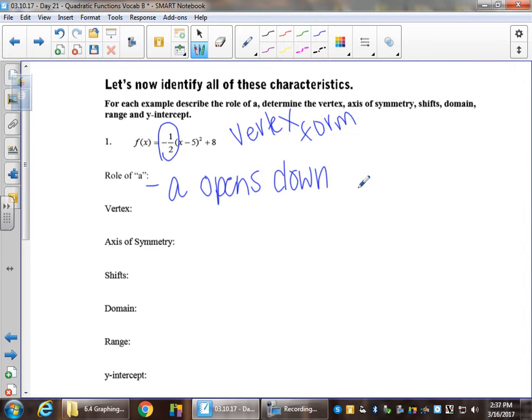So now we look at A without looking at the sign of A. If we have a negative 1/2 without looking at the sign, then A would be 1/2. 1/2 is less than 1. Therefore, our parabola will be more wide.